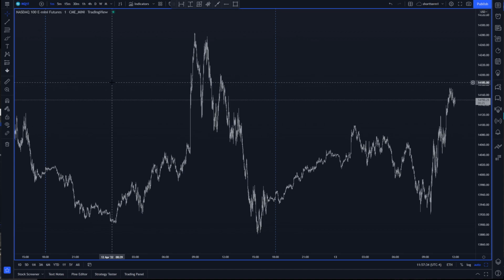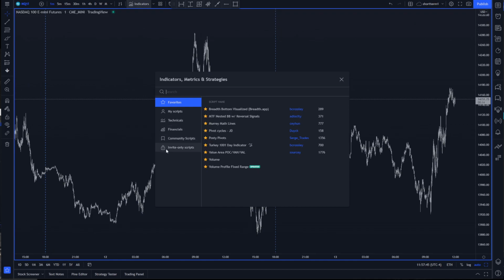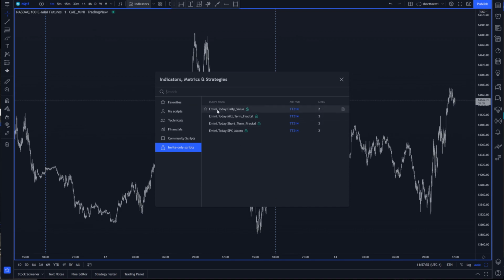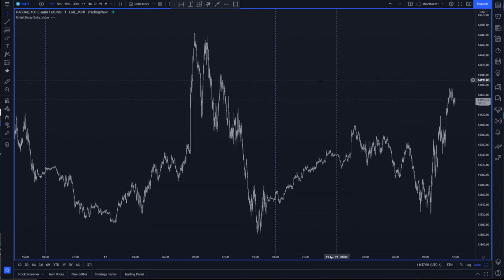CME futures are like $4 a month, so it's pretty cheap. What you want to do is just set up your 1 minute chart, go to indicators, invite only scripts, and you will find here your Emini.Today daily value.